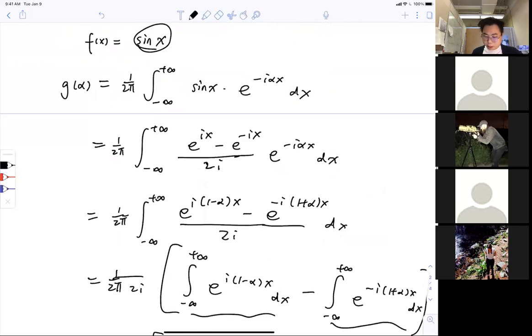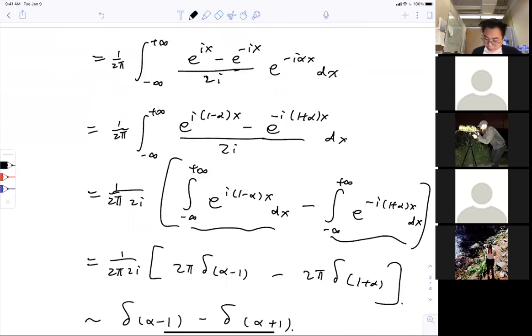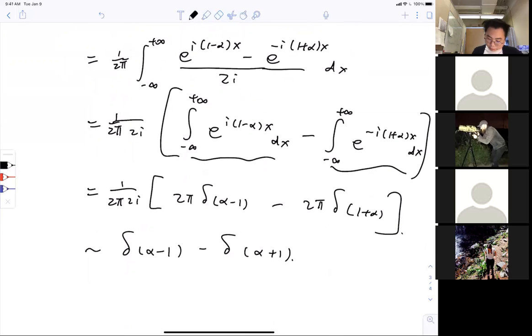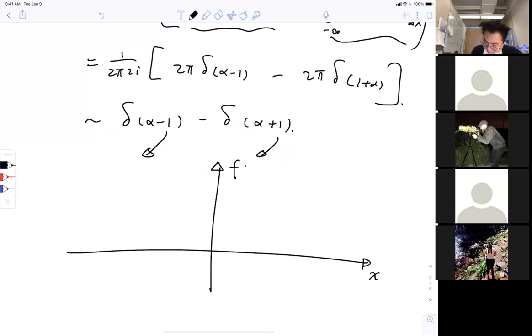So whenever you have a periodical function, after the Fourier transformation it will always pick up your frequency, which is 1 and minus 1.